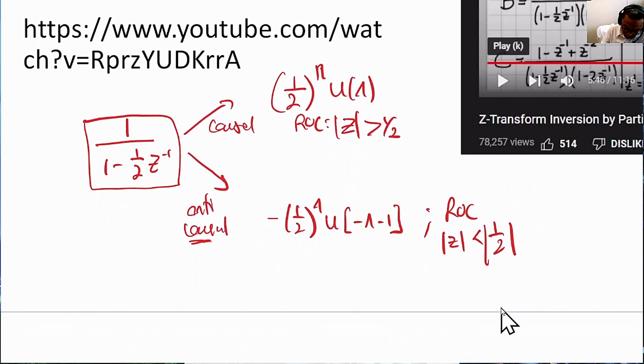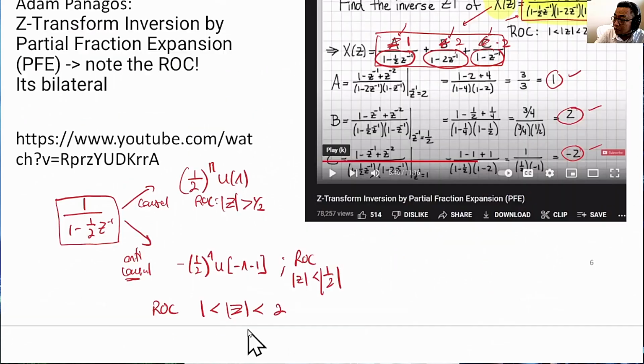Now what are we given? That the ROC of the whole signal must be |z| greater than 1, less than 2. So if I have chosen this signal's ROC to be |z| less than half, then there's no chance that I will get this ROC.